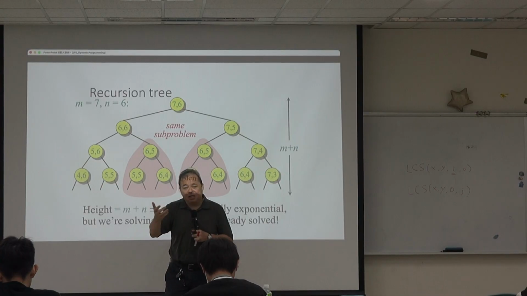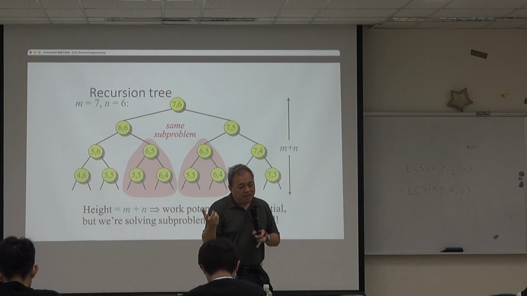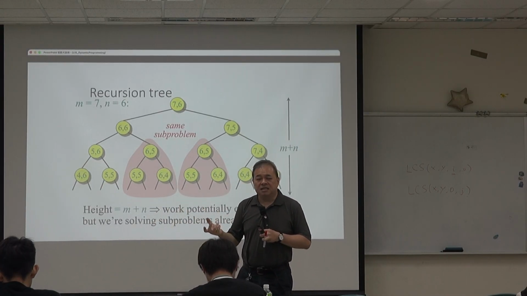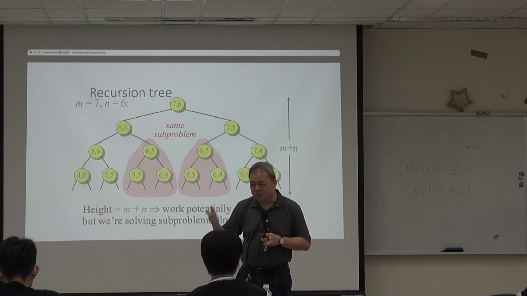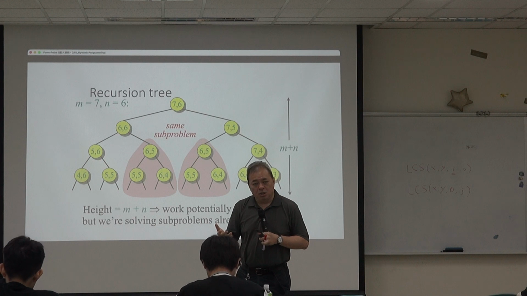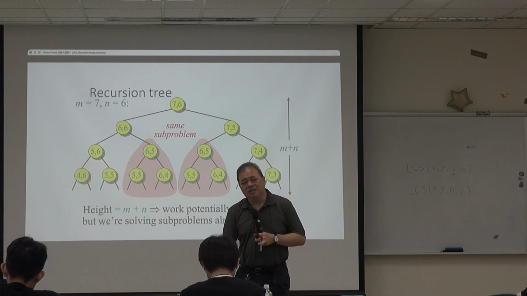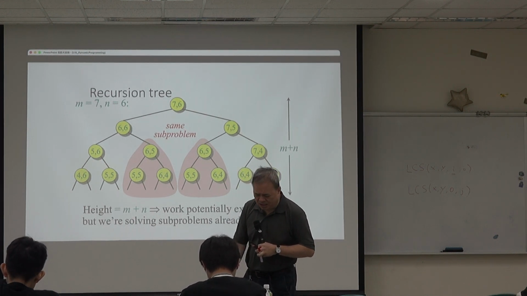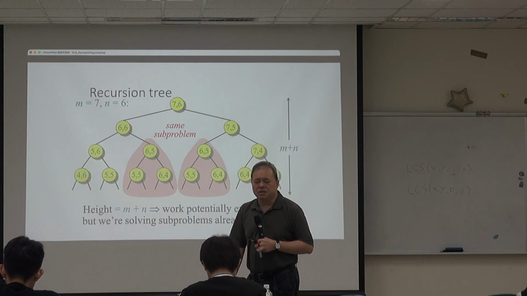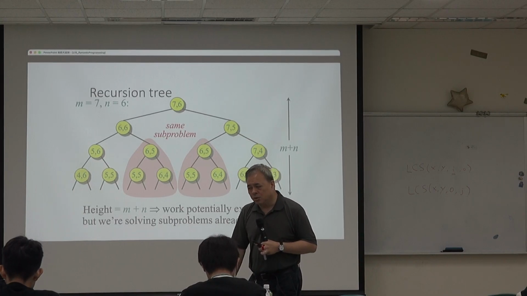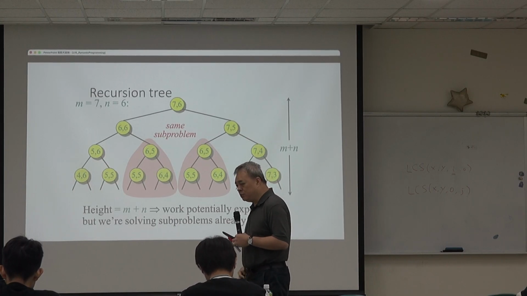So many of the same subproblems get executed many, many times. So that causes this thing to grow exponentially. So what should we do?